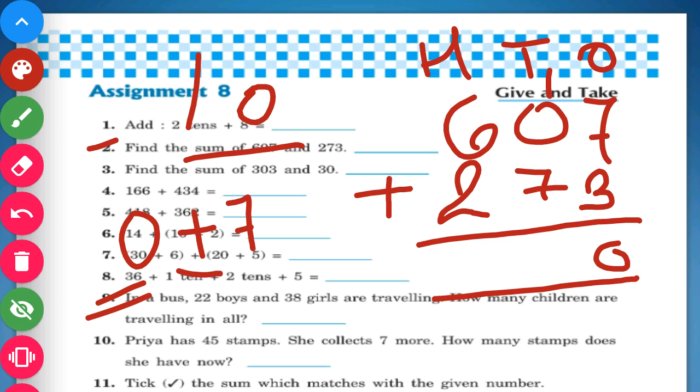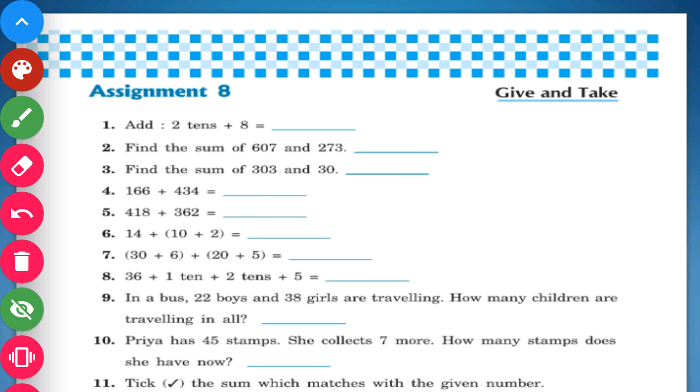So what will we get here? 7. 7 plus 1 carry, we will get 8. Okay. Now 6 plus 2, 8. So our answer is 880.